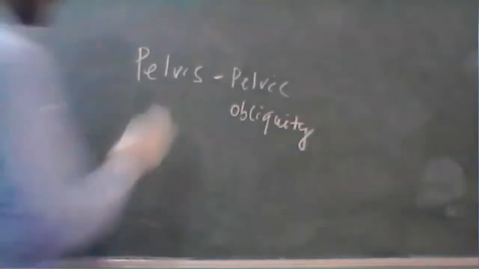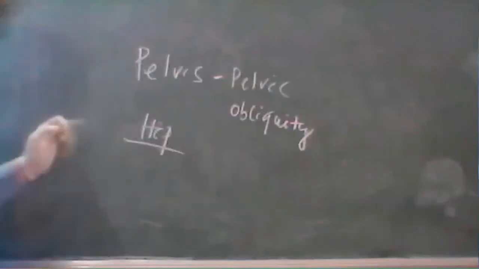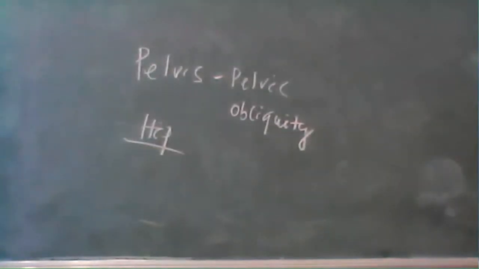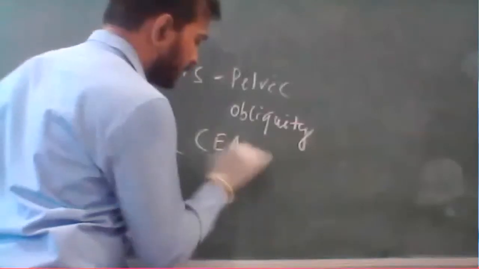Next, pelvis over, then hip. Will it affect the hip joint or not? In the hip joint, I'll show you one angle, that is called the center edge angle, CEA.